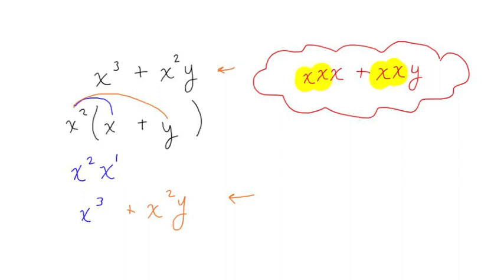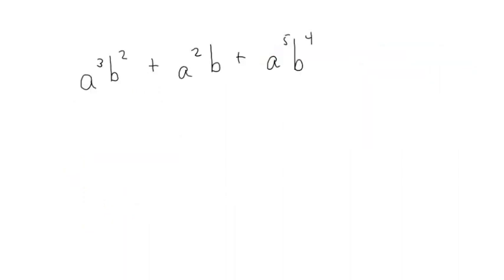Let's consider one final example. A cubed b squared plus a squared b plus a to the 5th b to the 4th. In this case, we're working with a trinomial, so the common monomial that we'll factor out will have to have factors in common with all 3 terms.